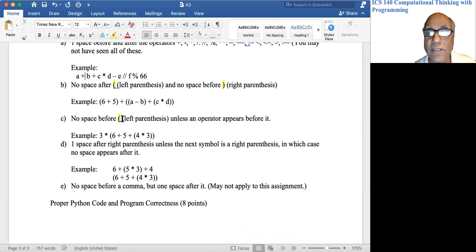Before the left parentheses, you would put a space if you have an operator, right? Because after an operator, you should always have a space. So whether it is left parentheses or not, you have to put that space.